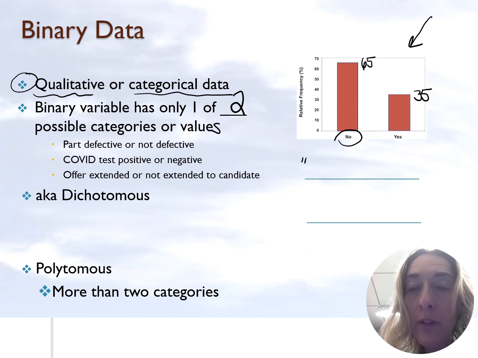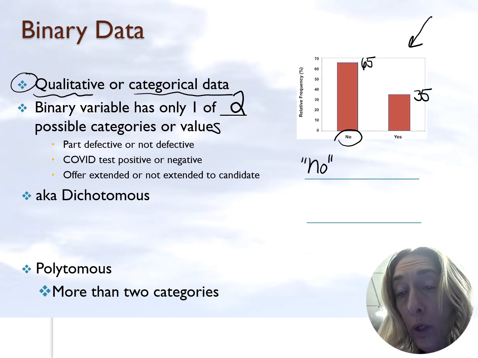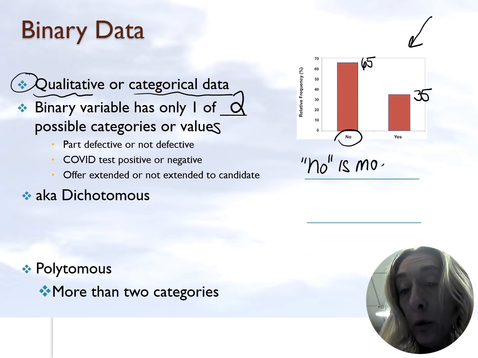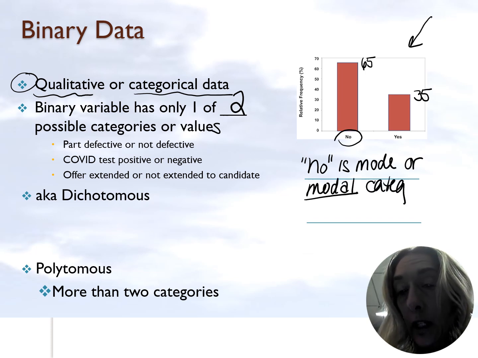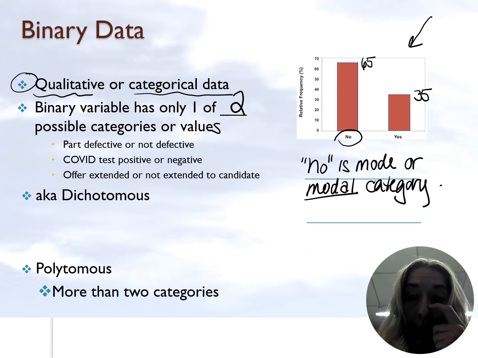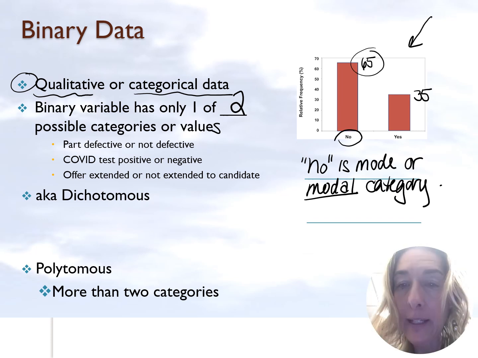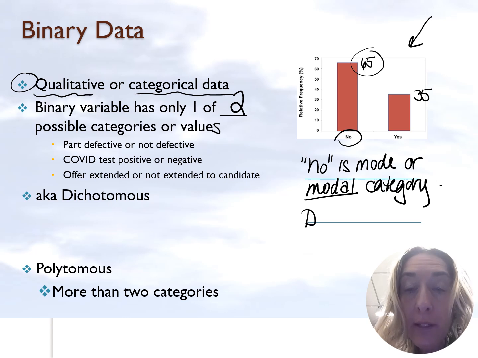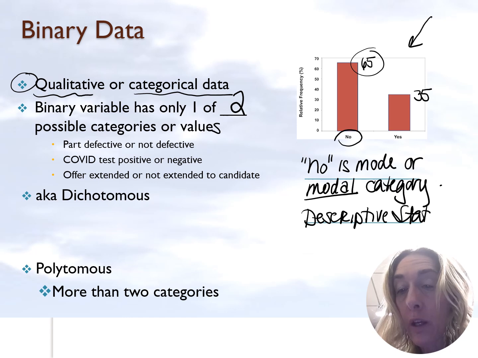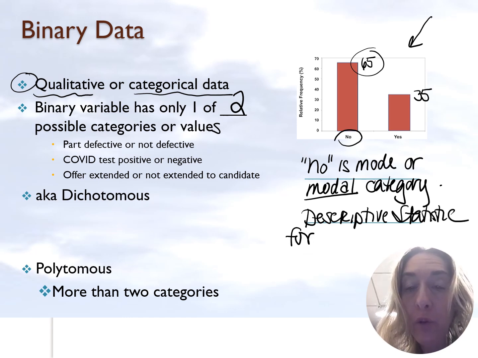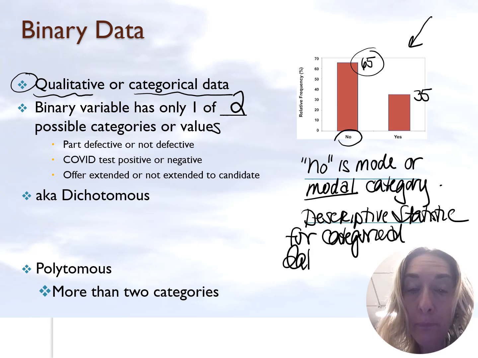So in this case, this was a binary variable, but no is what we call the mode, or another way to say that is the modal category. Modal just means the category having the greatest count. In this case, it's no. The mode is a type of descriptive statistic, highly useful for categorical data, so you can keep that in mind.